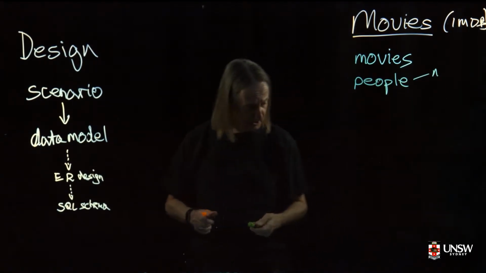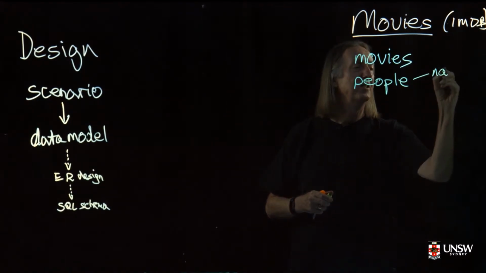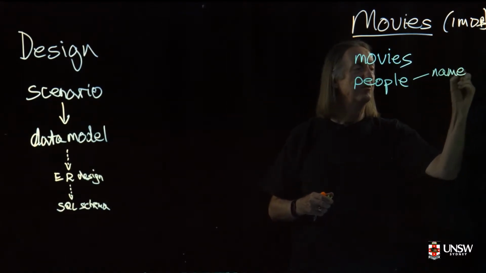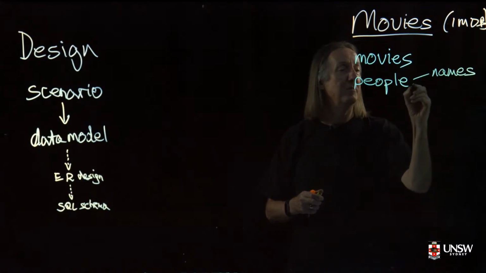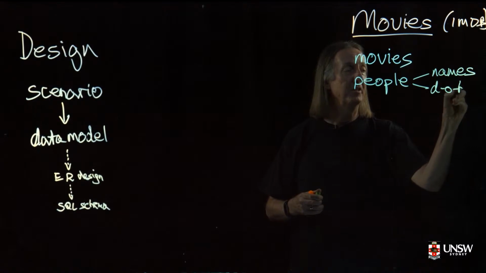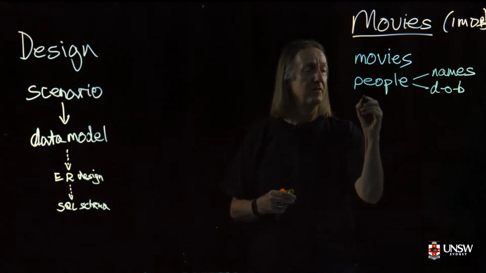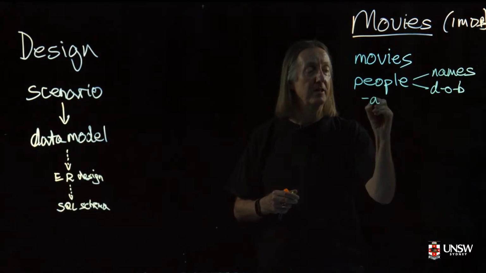Ooh, and I decided to use different colours, but I used the wrong colour. Right, people have names and date of birth and place of birth. You know, movie fans seem to be interested in that kind of thing. And of course there are different kinds of people.